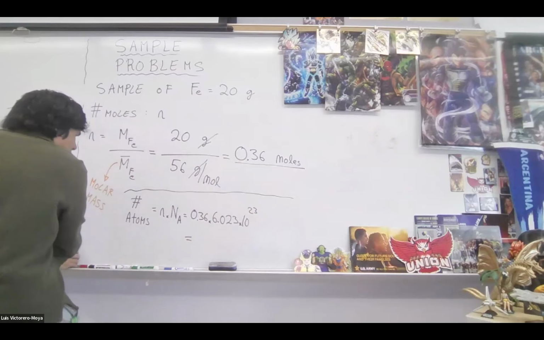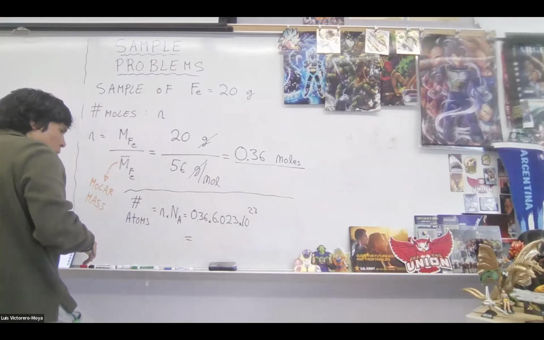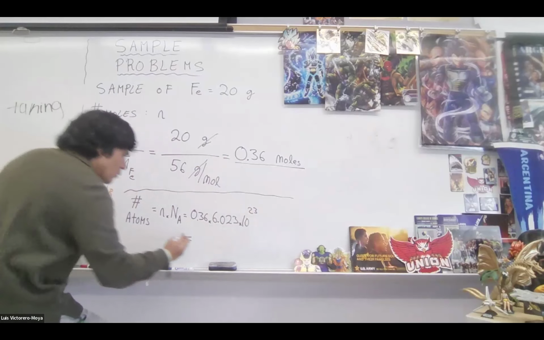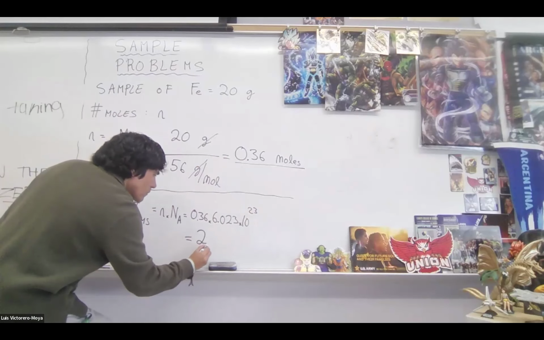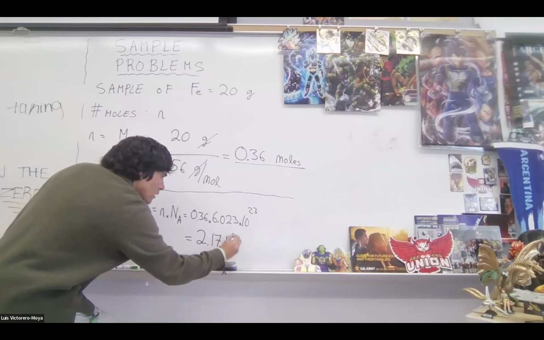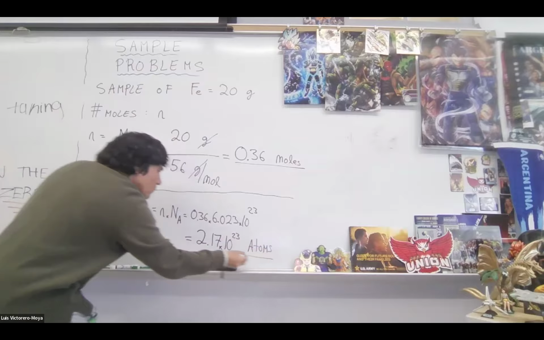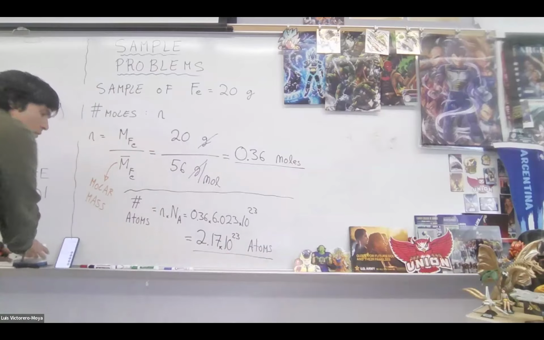That's also in chapter 10 of the textbook, by the way. 0.36 times 6.023, I get 2.17 times 10 to the 23 atoms. Right?